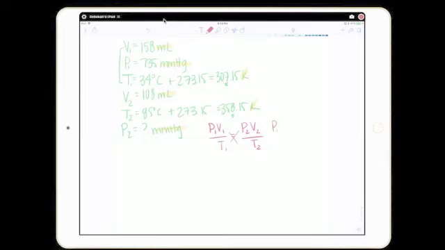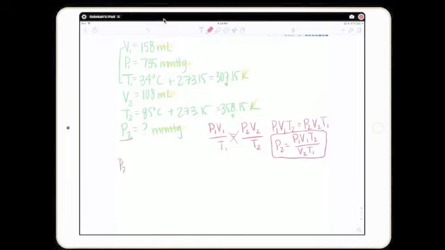So I'm going to say P1 V1 T2 equals P2 V2 T1. They asked me for P2, so I'm going to say P2 is equal to P1 V1 T2 over V2 T1. Alright, so I like to rearrange these with the variables before I put the numbers in, because it makes more sense for me. You can put the numbers in if you want to. If it works for you, it works for you.